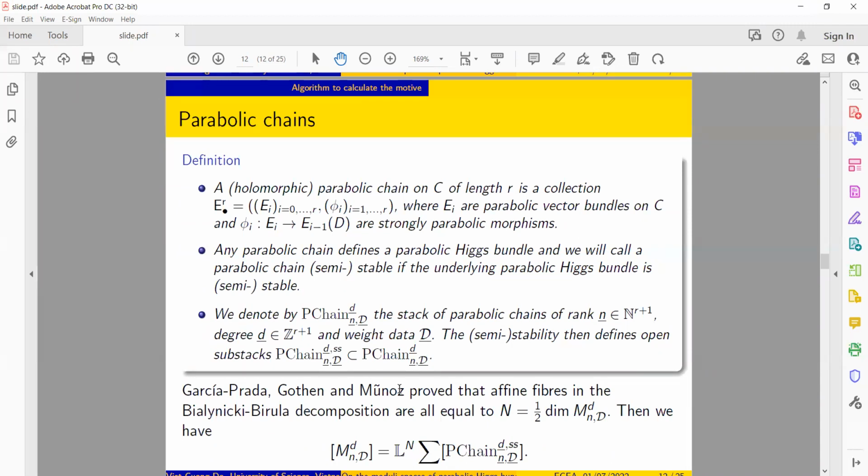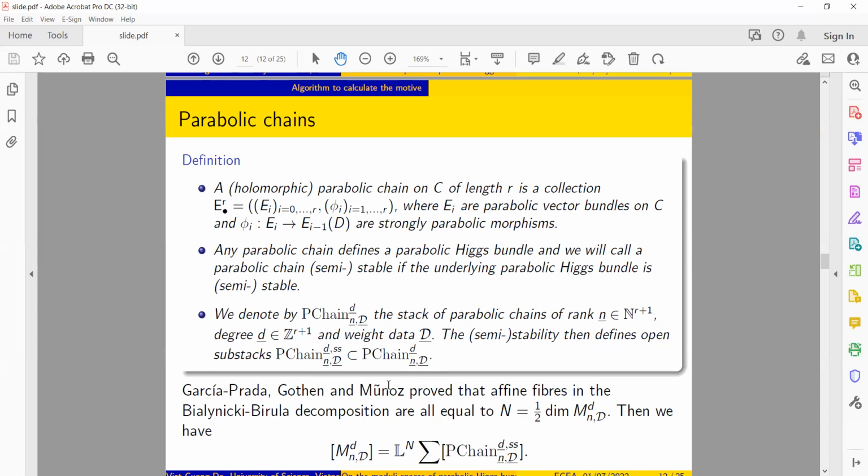A parabolic chain is a collection of parabolic bundles, with maps between the elements of this collection, and for sure these maps must be strongly parabolic Higgs morphisms.